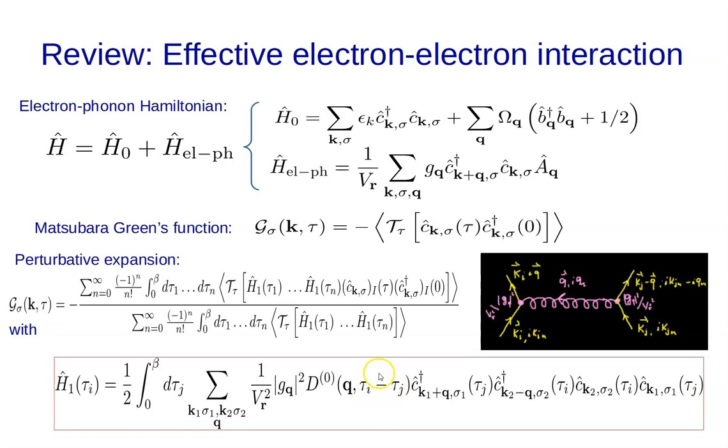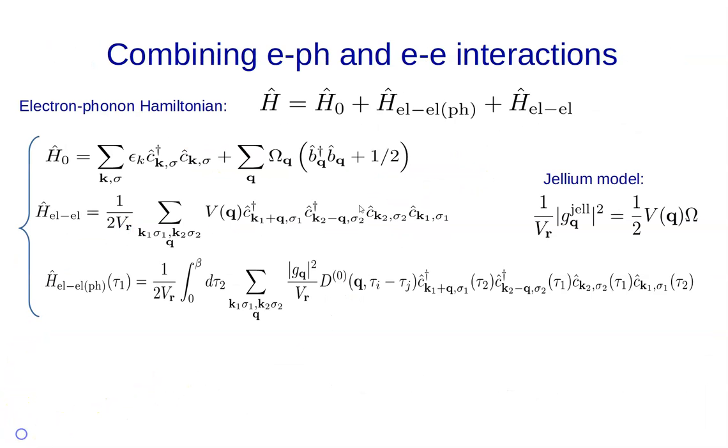So unlike the pure Coulomb interaction, which we're treating as instantaneous, this has a finite frequency, a Matsubara frequency. It has, of course, momentum, and the vertices also depend on the Coulomb interaction. So that's what we had in the previous class, where we get this effective electron-electron interaction coming from the phonons.